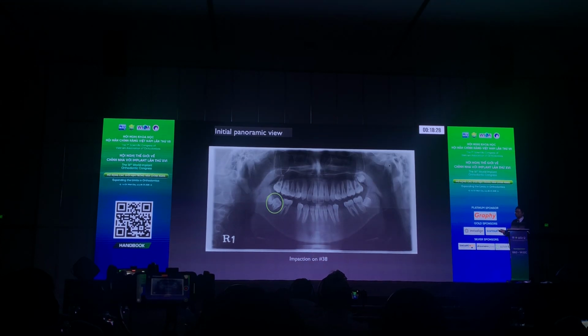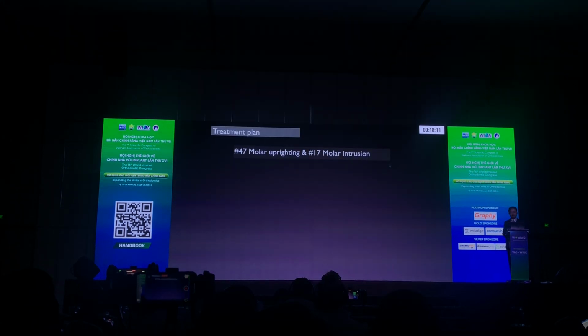From the panoramic view, the second molar is impacted, and he was Class III at the time. So the parents just wanted to treat the infection, and they were thinking about implants as adults in the mandibular missing area.